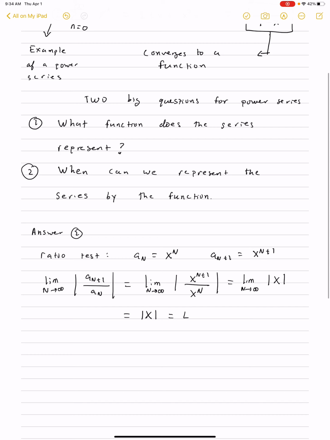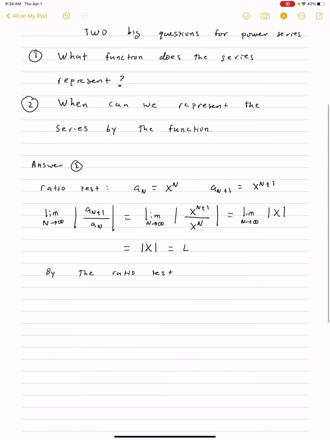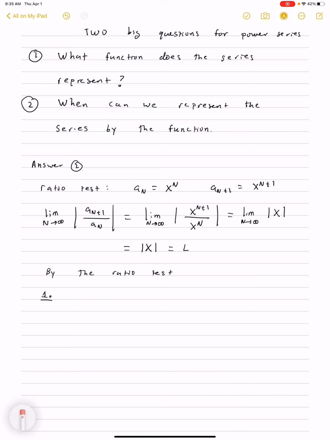Now we can see by the ratio test the series converges to 1 over 1 minus x when, and maybe I should put this wording up here so I don't have to write it every time.